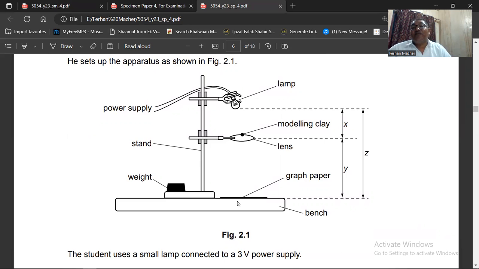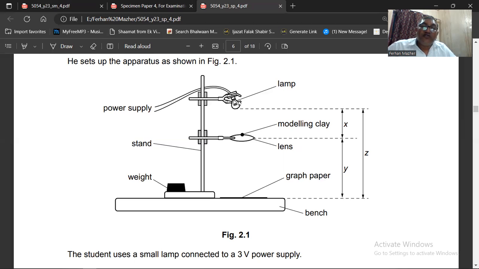Here we have put a graph paper. You know, on the graph papers, we have those grids. So from the graph paper, I want to measure what is the diameter of this shadow. Okay, so here we have lamp, here we have lens. On the lens, we have a modeling clay.